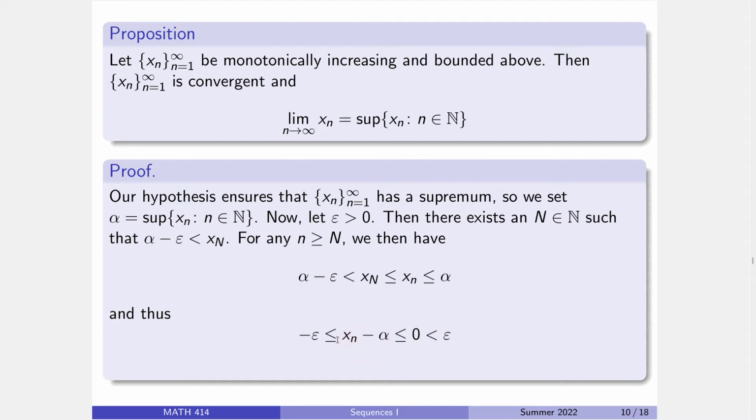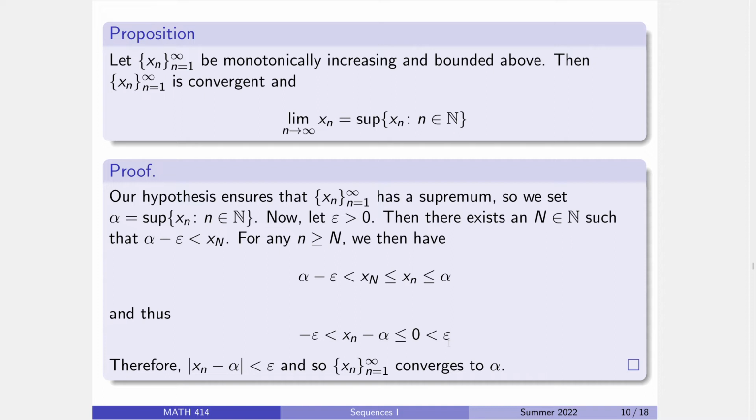Sorry, that's supposed to be a strict inequality right there. Let's fix that. Negative epsilon is strictly less than x sub n minus alpha, which is strictly less than epsilon, so the absolute value is less than epsilon, and thus my sequence must converge to the supremum. Beautiful. Good proof.